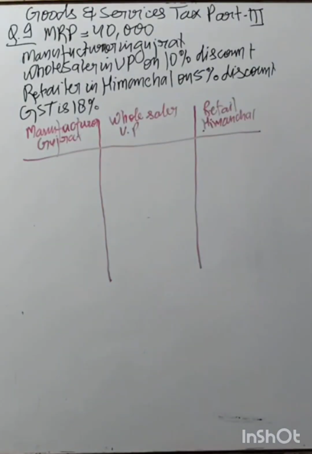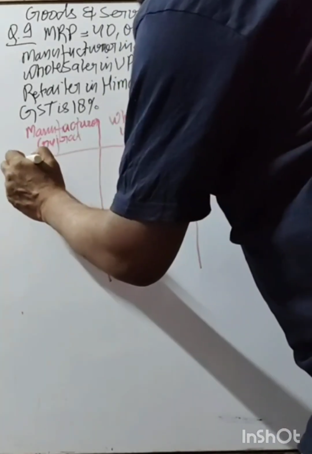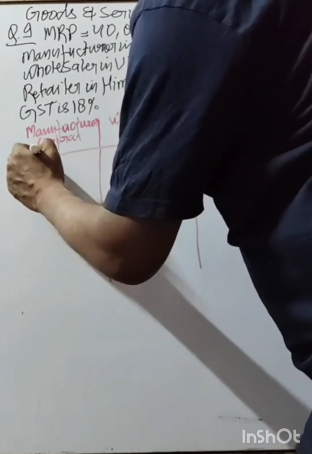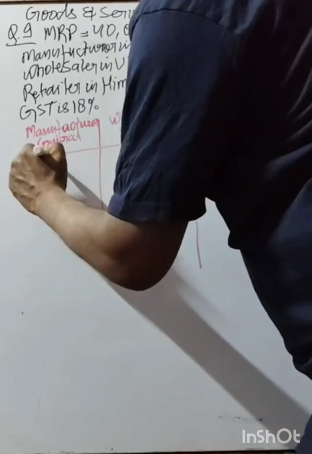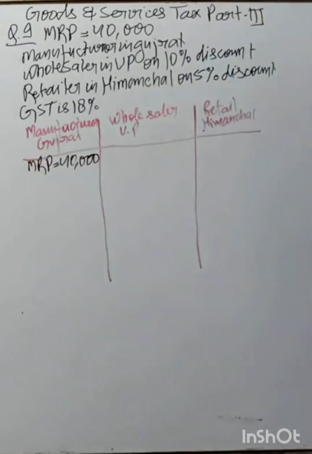We have now the MRP of the goods. MRP is 40,000. Right?